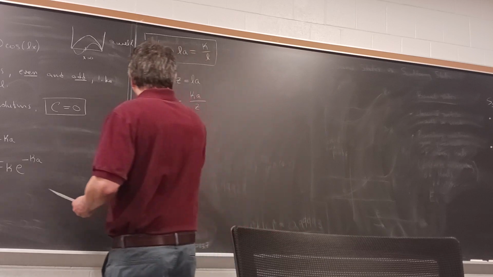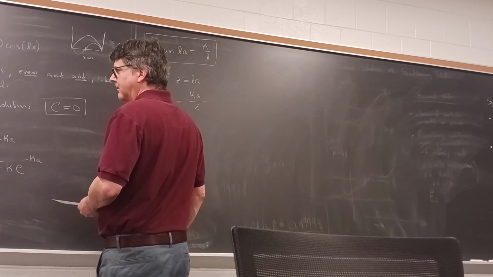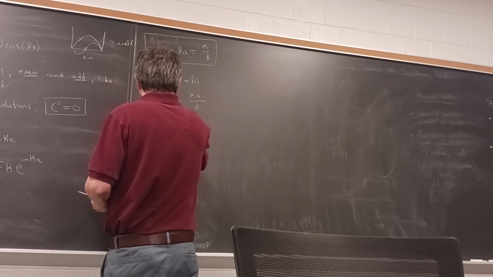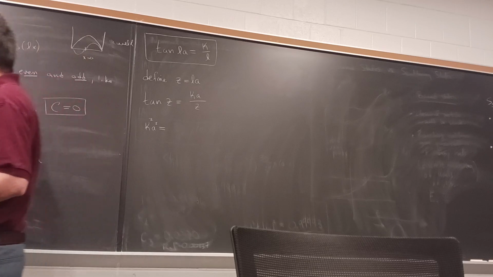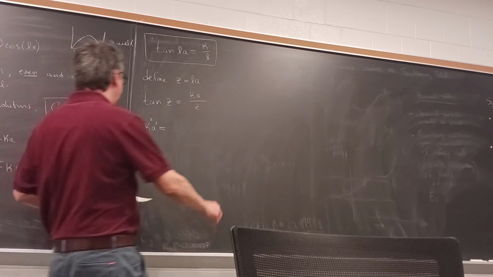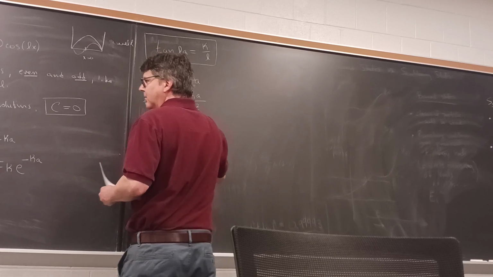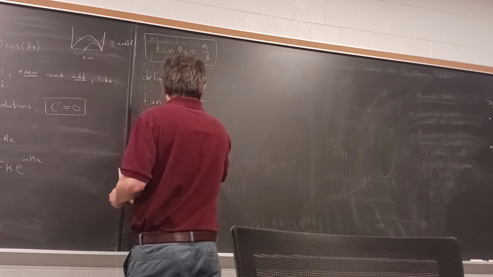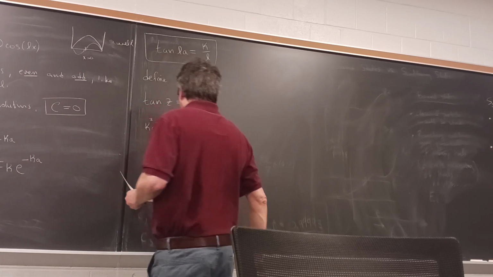So kappa A is equal to, let's do kappa squared A squared, because I know what kappa squared is. It's 2m magnitude e over h bar squared times a squared.